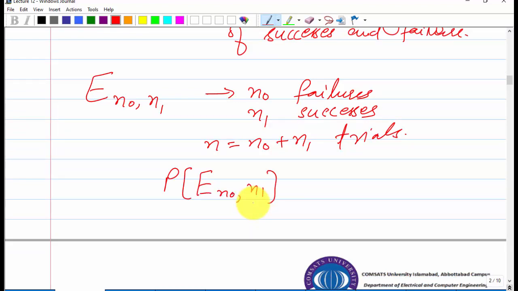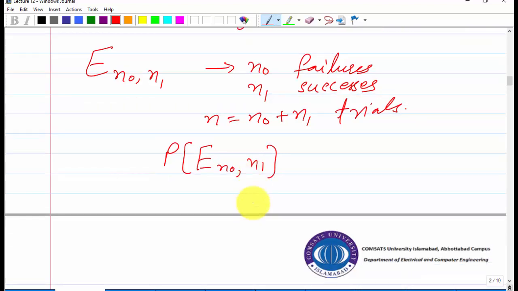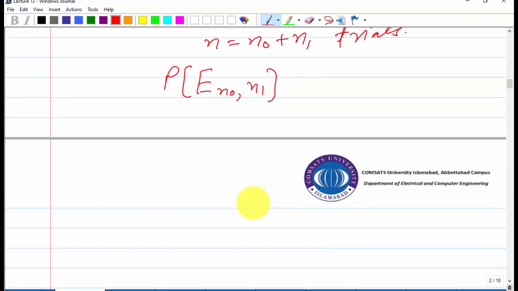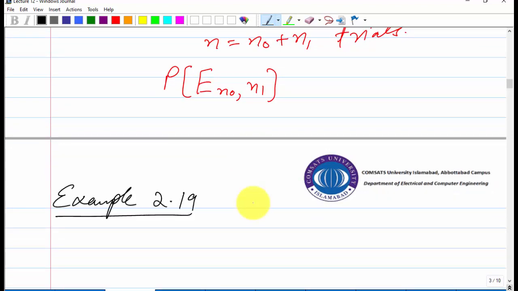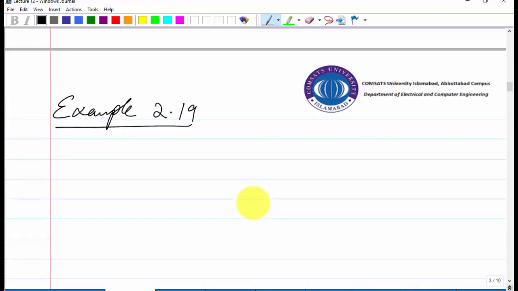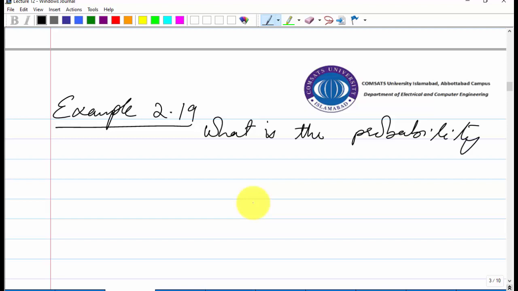It is very simple. To understand, let's look at this very simple example, example 2.19. It says: what is the probability P of E 2,3?